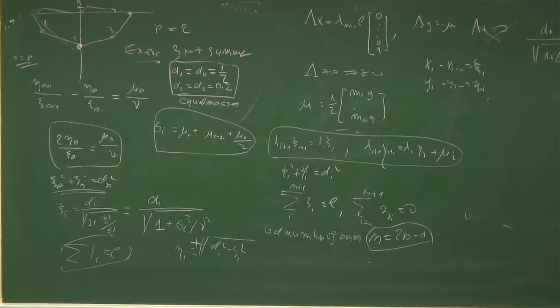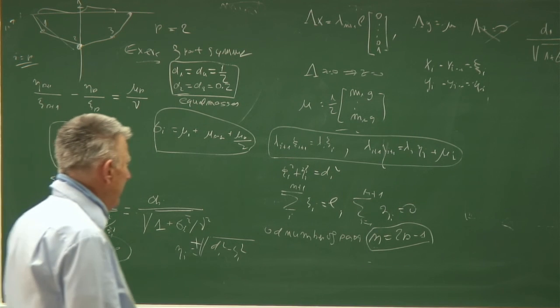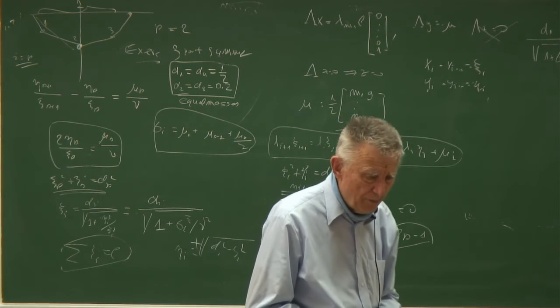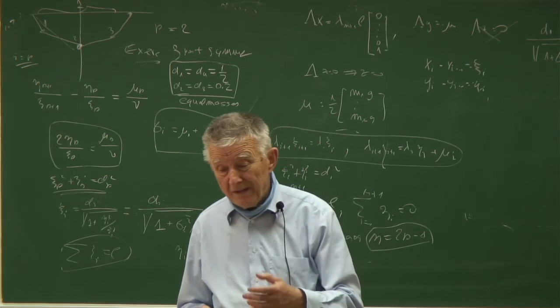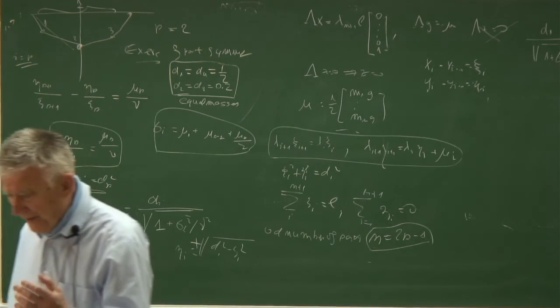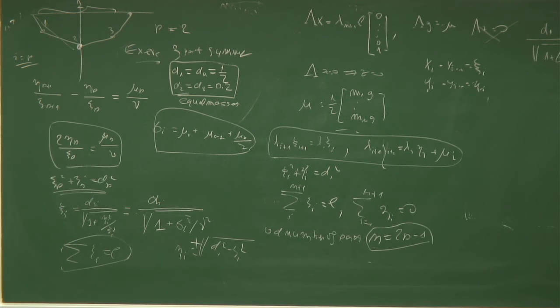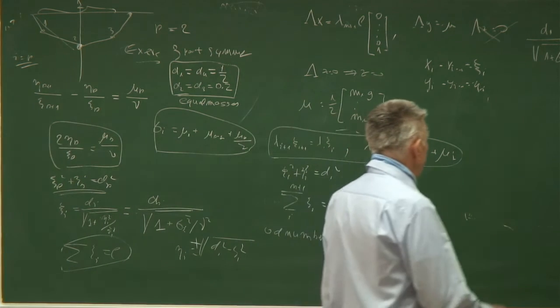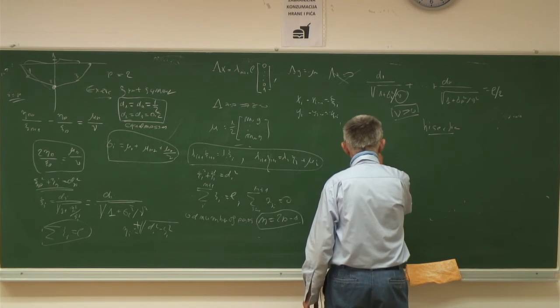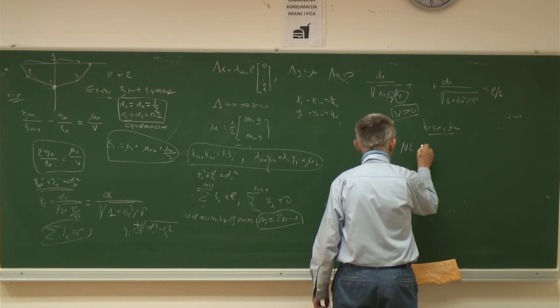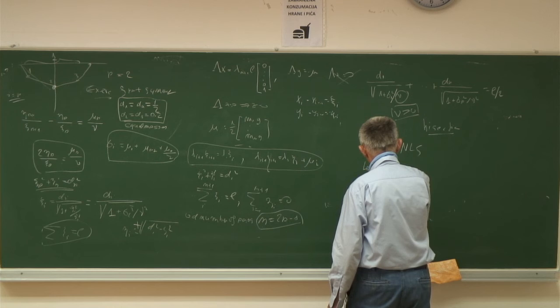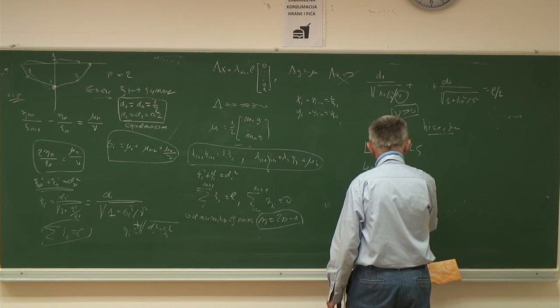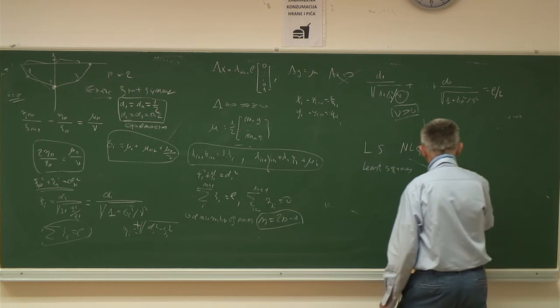Next time we will once more concentrate on finding optima or finding examples other than mechanics which lead to minimizations which are relevant in applications, and that will be given under the title LS or NLS, meaning least squares or nonlinear least squares.